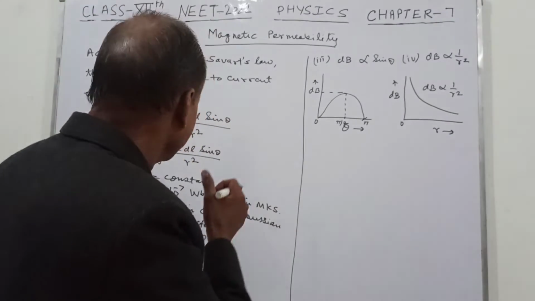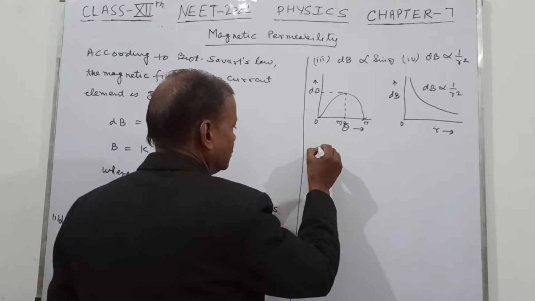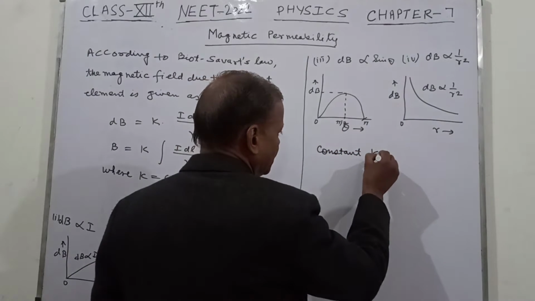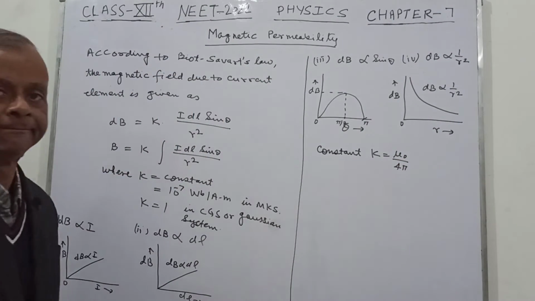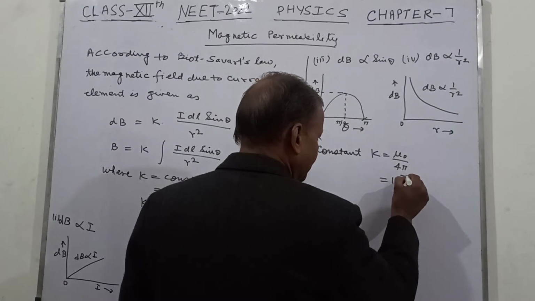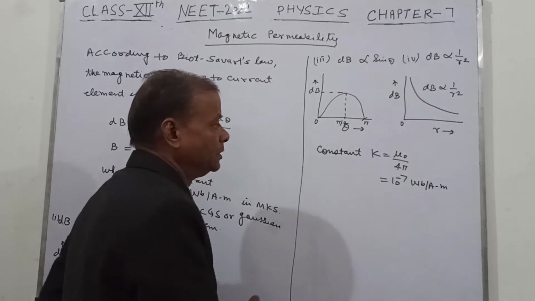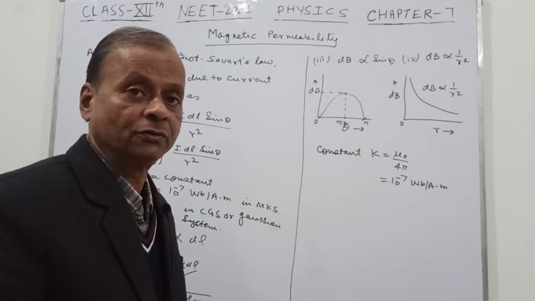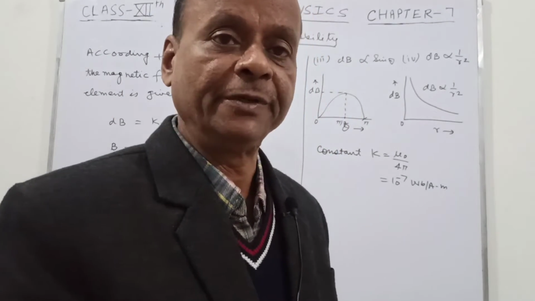Now we come to this constant K. Constant K is equal to mu naught upon 4 pi, and its numerical value is 10 raised to the power minus 7 Weber per ampere meter. This mu naught is called the absolute magnetic permeability.